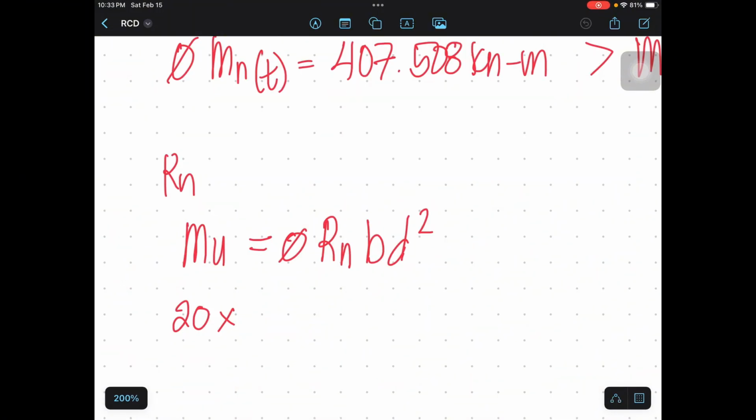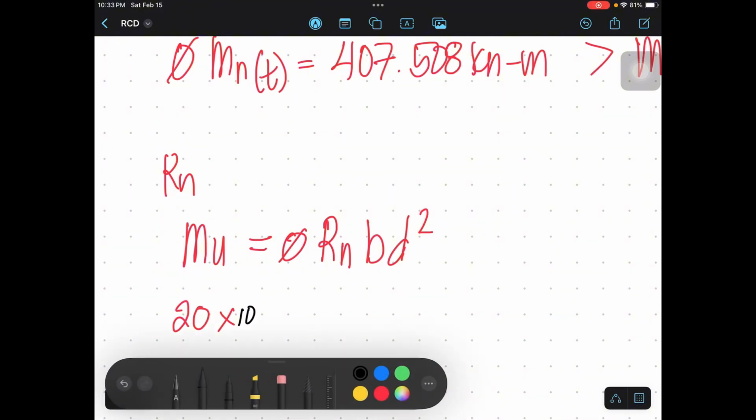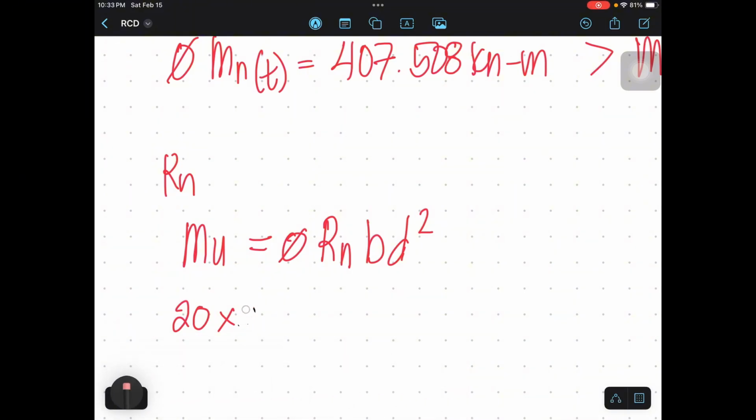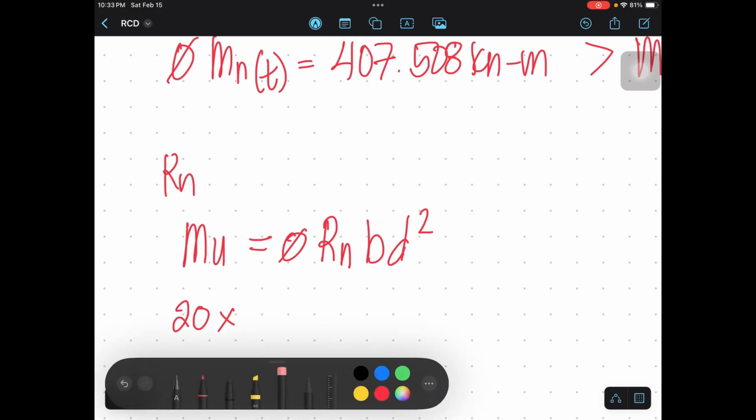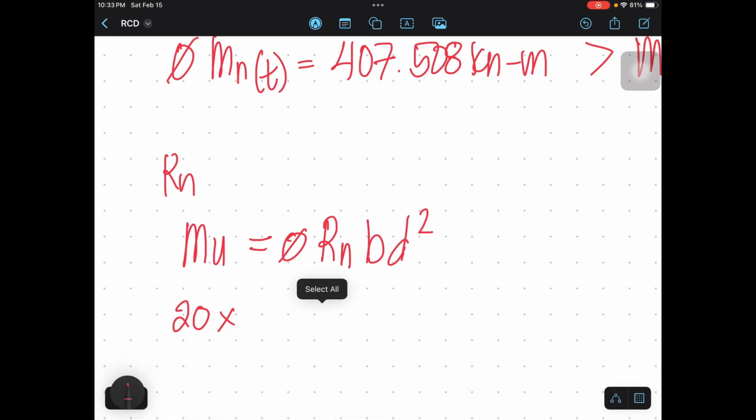Okay? So, we have 20 times 10 raised to 6 equals reduction factor natin.